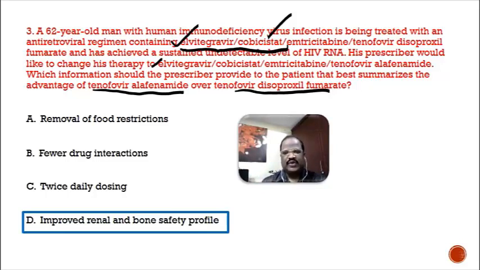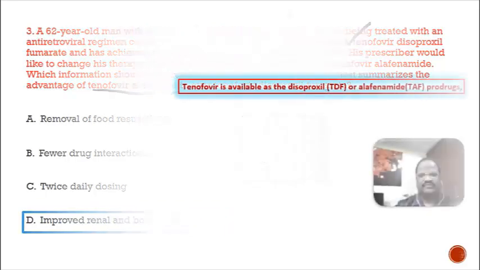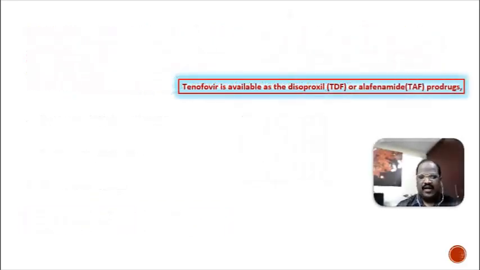Second point you should know is tenofovir. When you want to study tenofovir, look at this. Tenofovir is actually available in two forms. One is tenofovir disoproxil, called TDF. One more form is tenofovir alafenamide, called TAF.